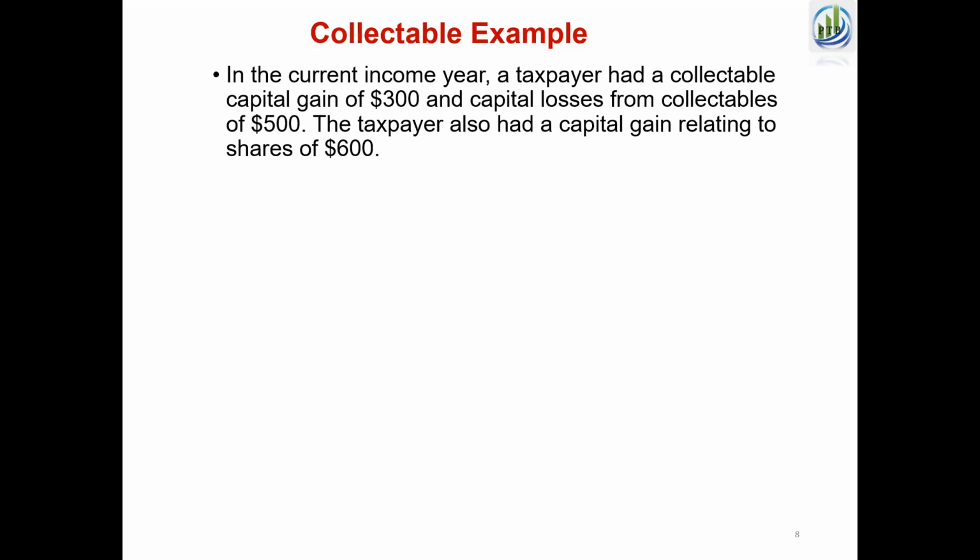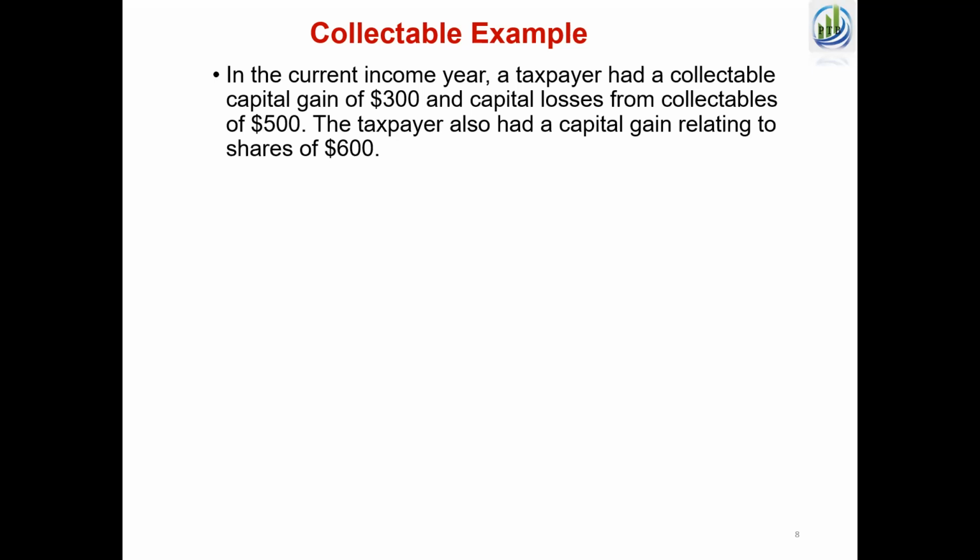So we have three different transactions: one gain from a collectible, one loss from a collectible, and one gain from another asset group like shares. Now we want to see how much capital gain we are going to include in our calculation.